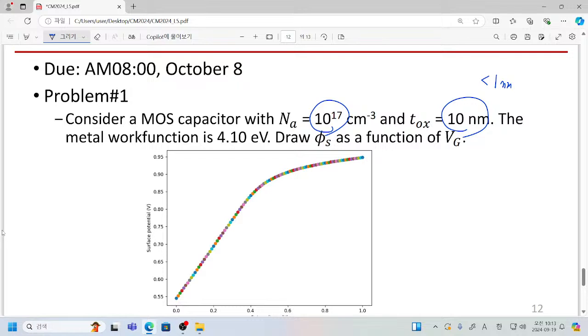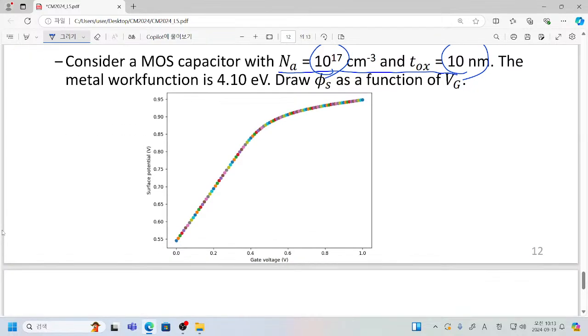And anyway, using the same MOS system, please try to calculate your surface potential as a function of gate voltage.